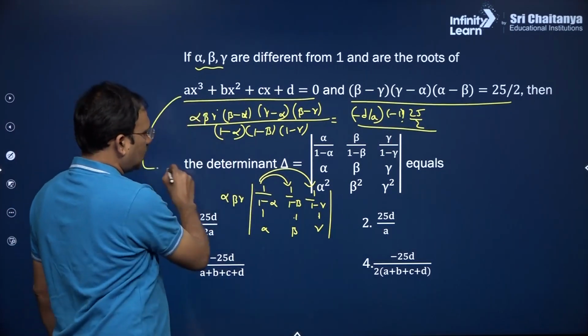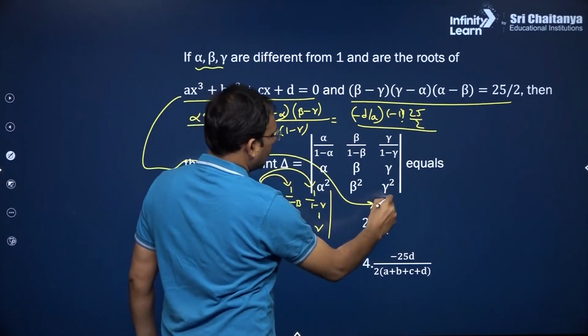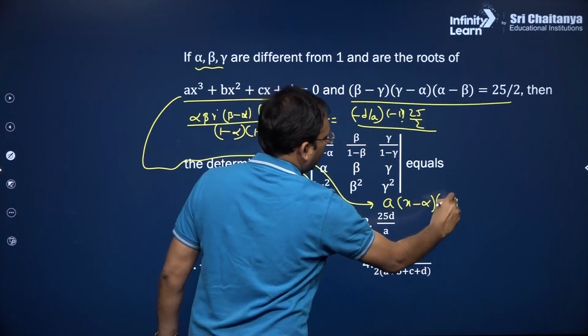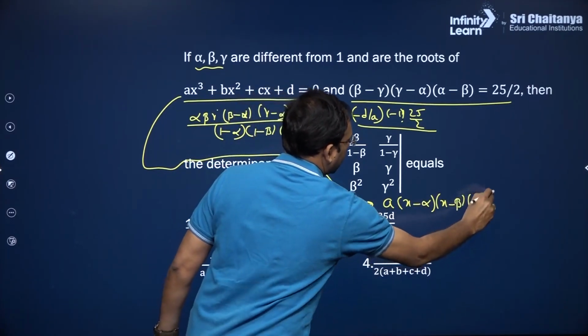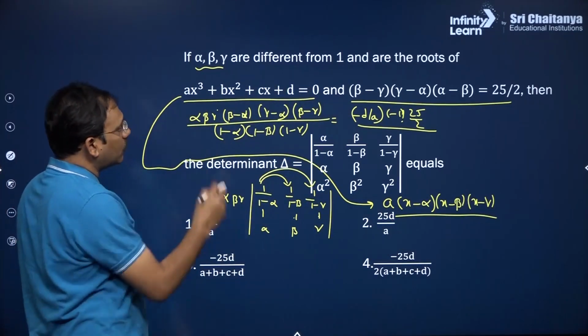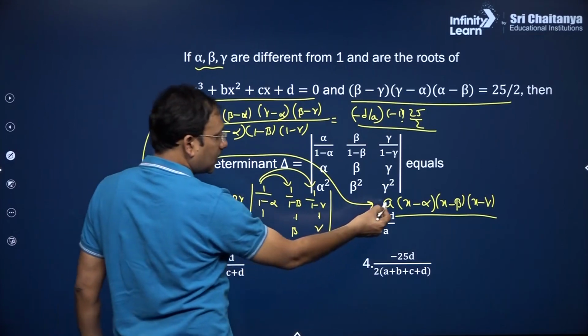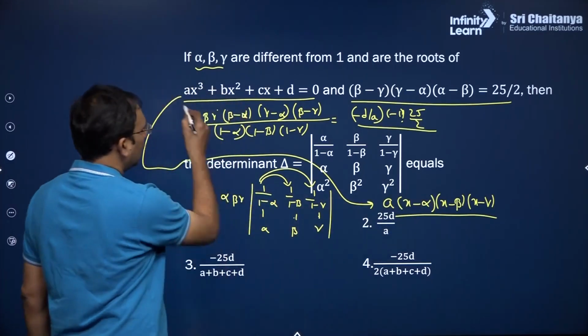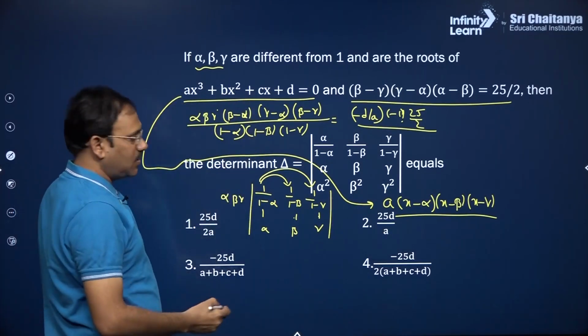Since for this equation, my dear friends, the roots are alpha, beta, gamma, can I write it like x minus alpha into x minus beta into x minus gamma into a, the same expression? Yes. Simply put x equal to 1, my dear friends, and you will get a into 1 minus alpha, 1 minus beta, 1 minus gamma, which becomes a plus b plus c plus d.